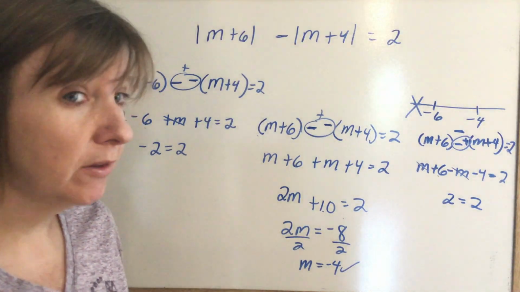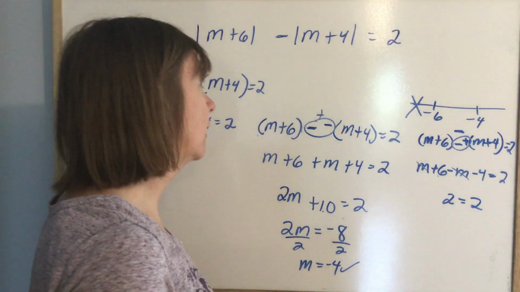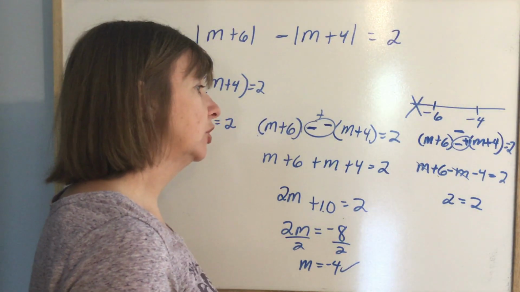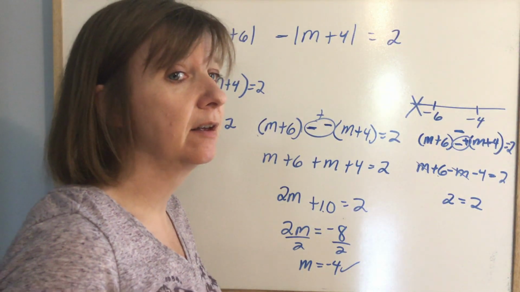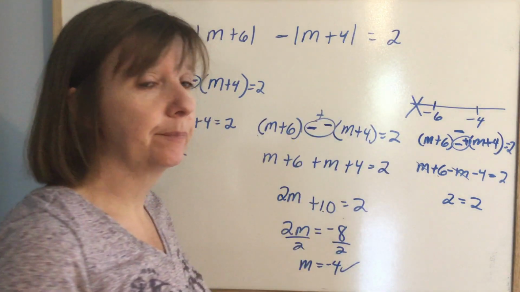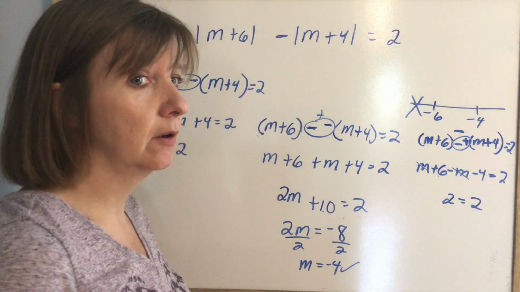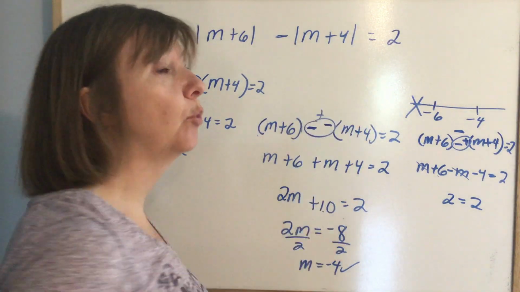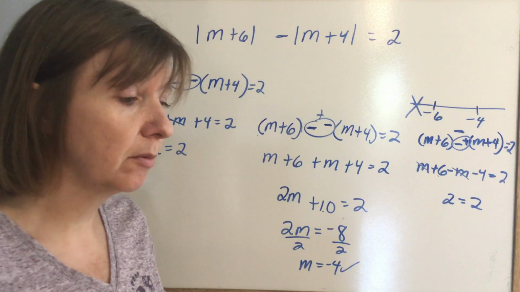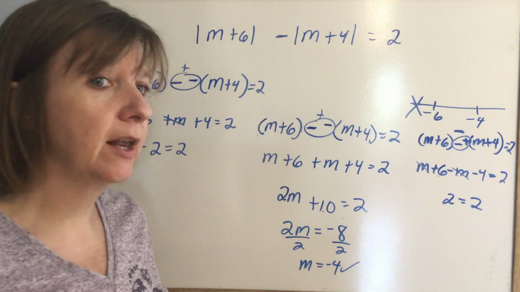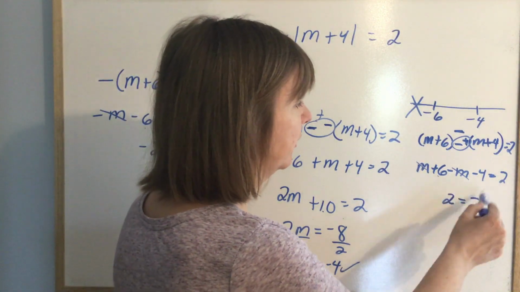Here is one of the only places where my answer is actually going to have a greater than or less than sign in it, even though there's an equal sign. So when you have two absolute value signs and there's an equals here, it is one of the only times when it is possible that you could end up with a greater than or less than sign in your answer, because this worked out, right?